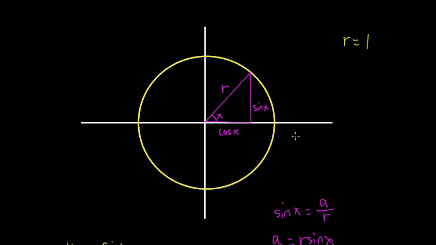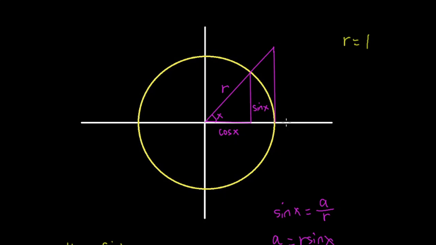Now I'm going to draw another line here, extending from the axis up here, and then extend this one like this.